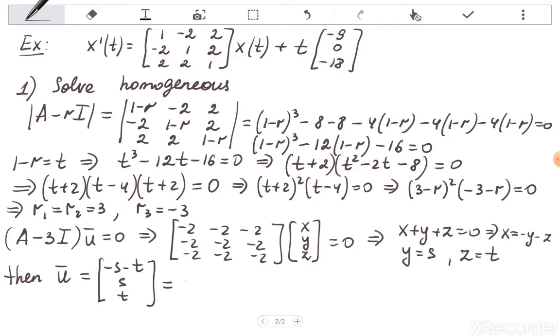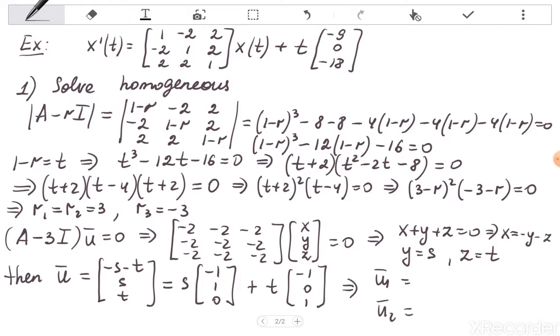And we can write it as s times (minus 1, 1, 0) plus t times (minus 1, 0, 1). And so we can choose two linearly independent vectors corresponding to each eigenvalue. So the first vector will be (minus 1, 1, 0), the second vector (minus 1, 0, 1).